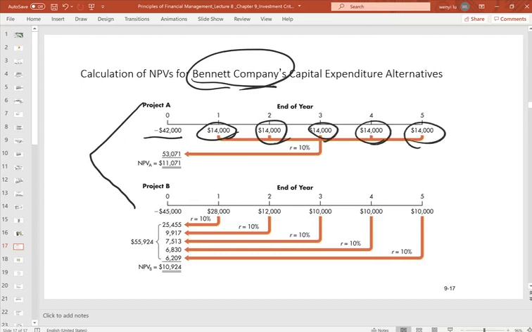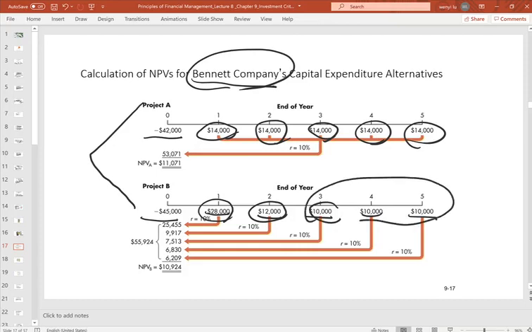For Project B, you are required to invest $45,000, but you will receive different cash flows in the future: $28,000 in the first year, $12,000 in the second year, then $10,000 in the next 3 years. So let's do the calculation for NPV.